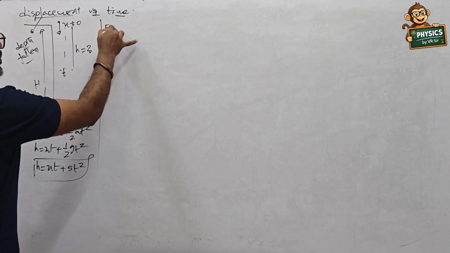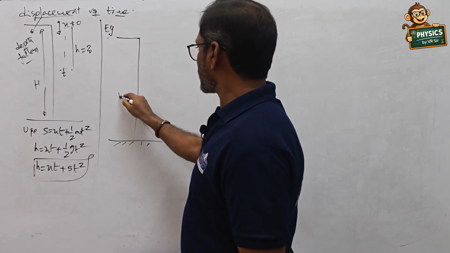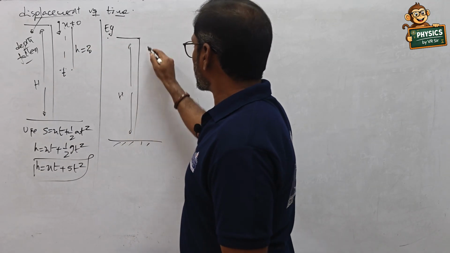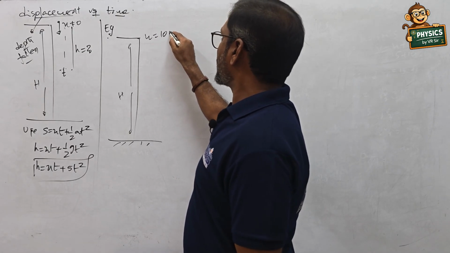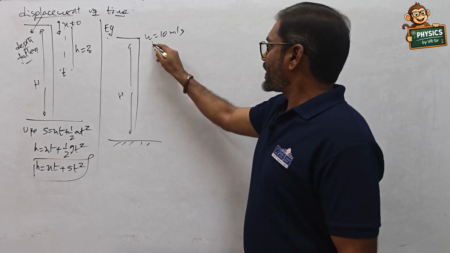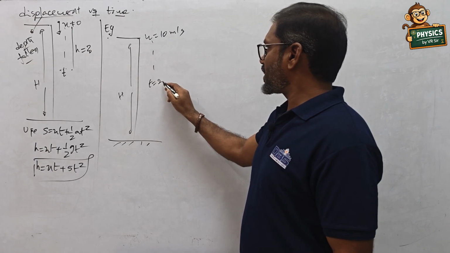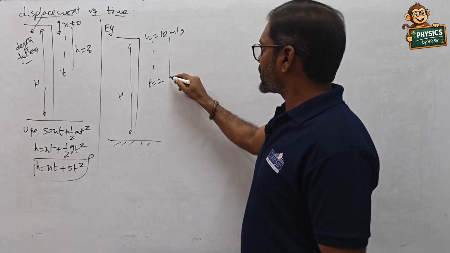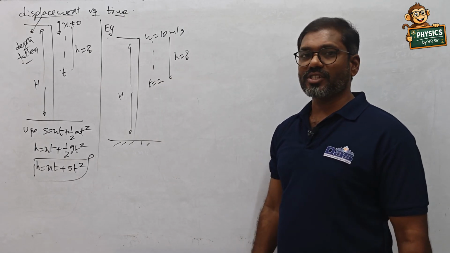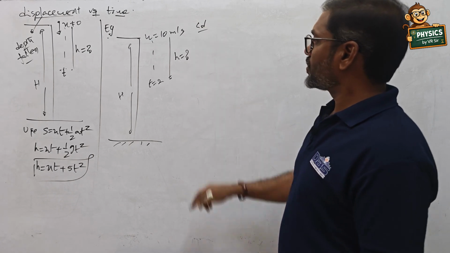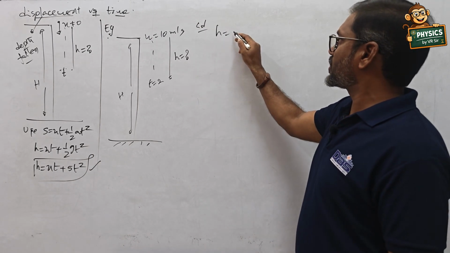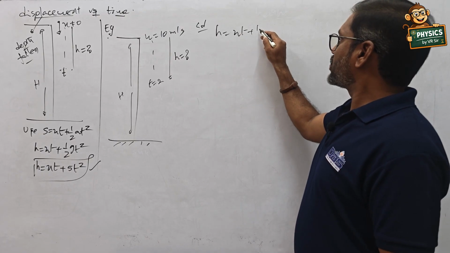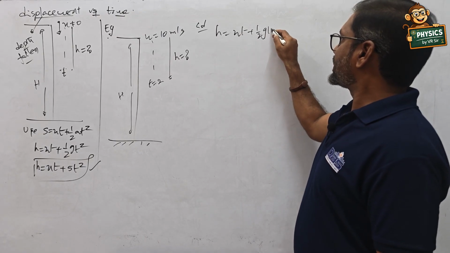Now let's take an example. It is thrown down with a velocity of, I'm going to give you, 10 meters per second. It keeps falling. So in 2 seconds, how much depth does it fall? That is the question. This is the formula we should use. So what is the depth fallen? h is equivalent to ut plus half gt square.